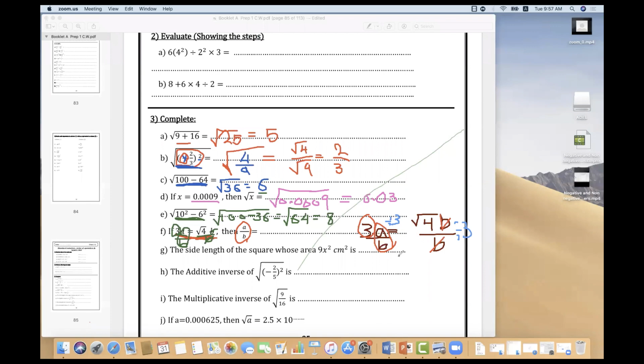So here a over b equal root of 4 divided by 3. Okay, root of 4 equal 2. Excellent. Okay, and here down 3.